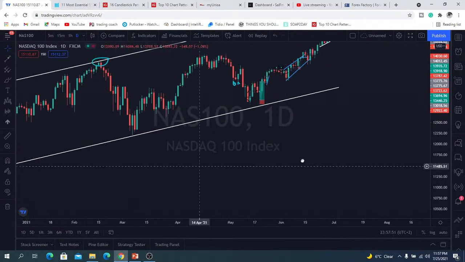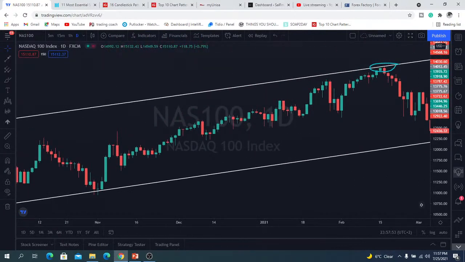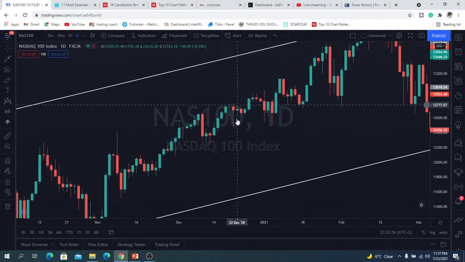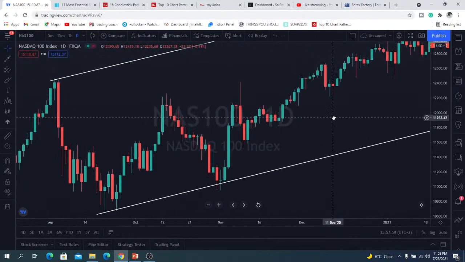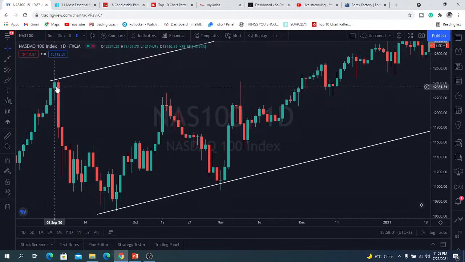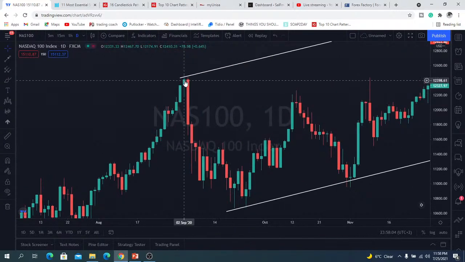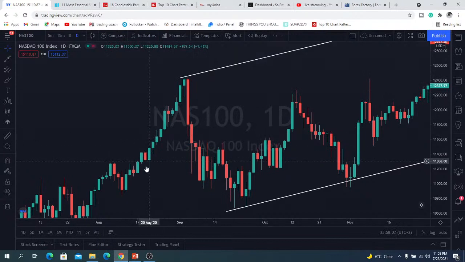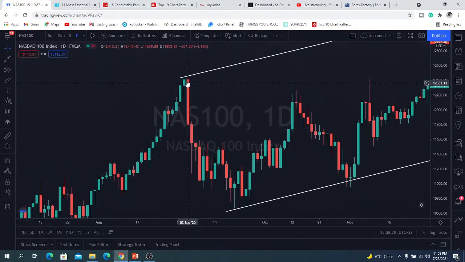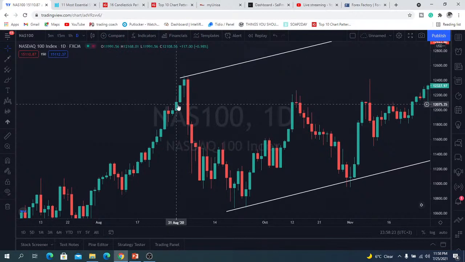For an example, let me zoom out. Have a look here, let's start from this candle right here. You can see it's been going up, but in a very corrective manner. But when it gets here, it dropped impulsively. Look, one candlestick can cover seven candlesticks.